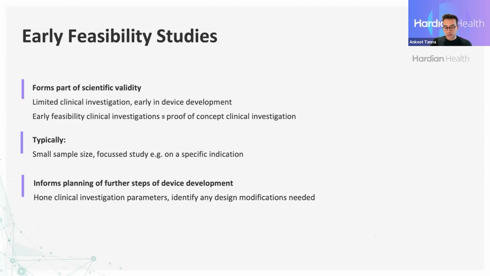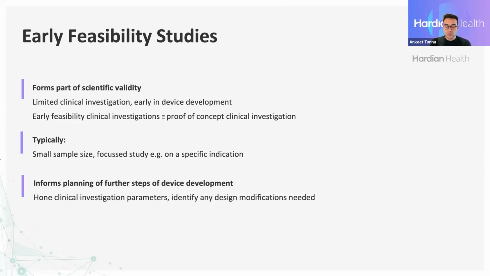And it's usually on a specific indication, and it's on a small sample size, so it doesn't necessarily need to be statistically powered to demonstrate a certain effect. That comes later. But this kind of information will be helpful for you in terms of determining what effect size you're aiming for, what accuracy you're aiming for in terms of delivering a final device.